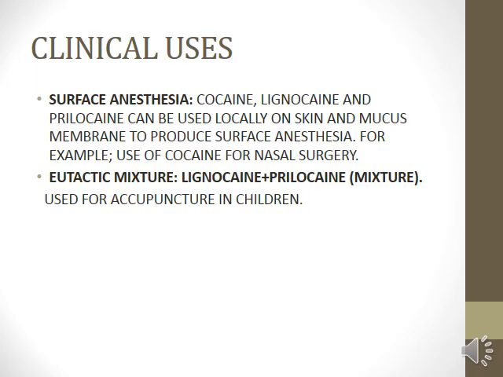Then a mixture can be made by combining the two local anesthetics, the lignocaine and prilocaine, which is called eutectic mixture, and this mixture can be used for the purpose of acupuncture or venipuncture in children. So this was about the clinical uses of the local anesthetics.